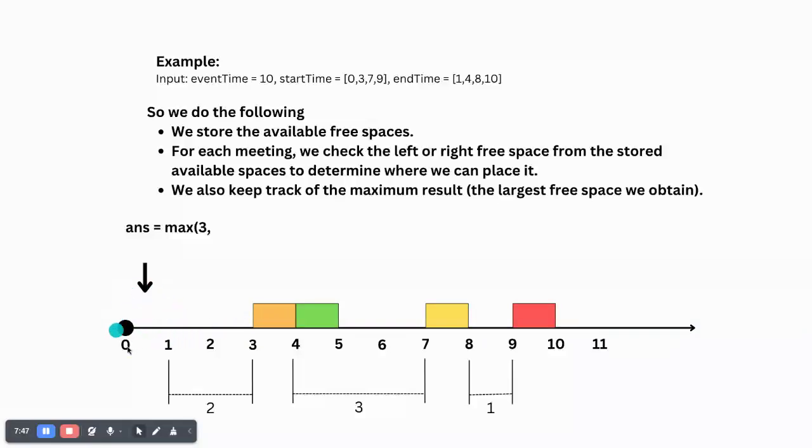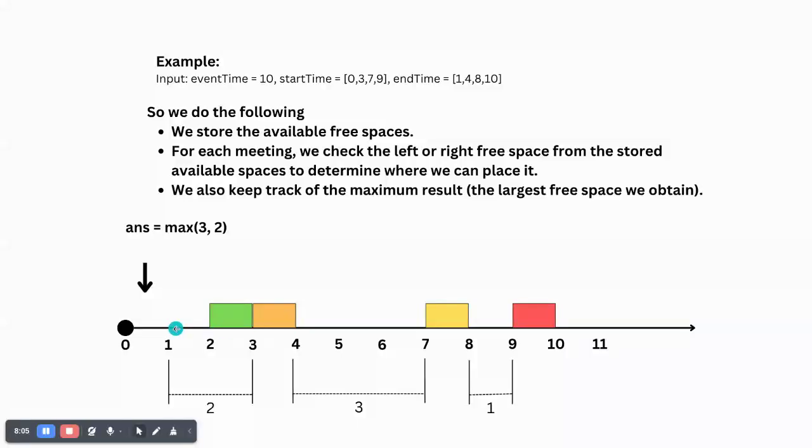The meeting occupied 1 unit, and we had 2 free spaces from the right and 0 free space from the left. When we sum them up together, it's going to give us 3. And our answer was previously 0, and we take the maximum of that.